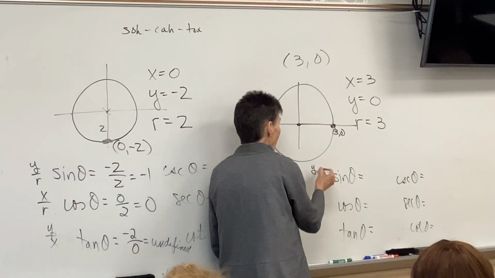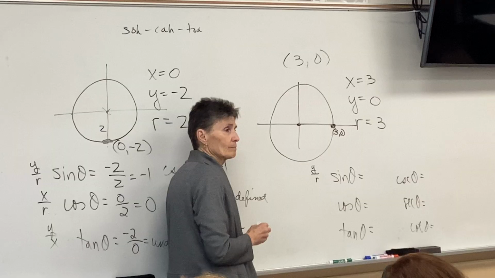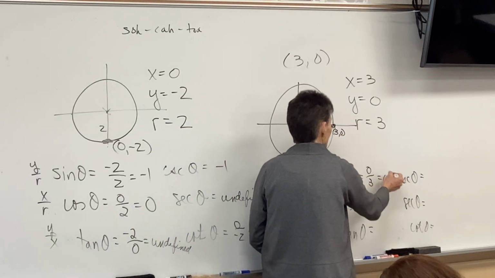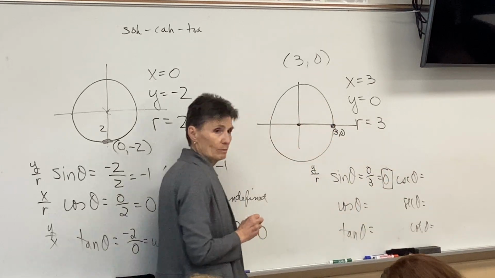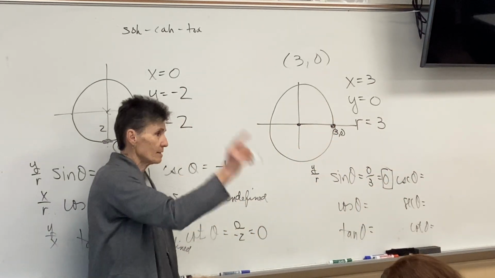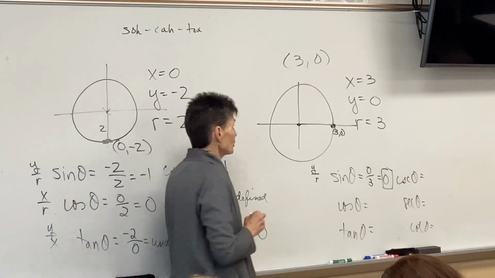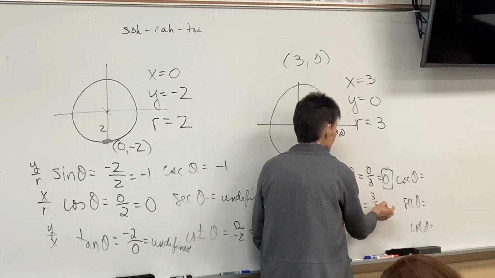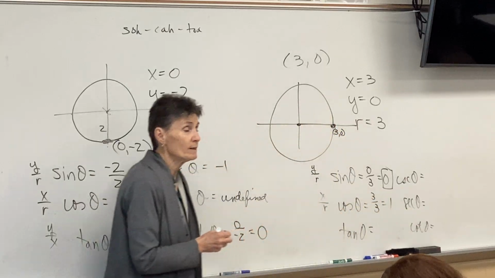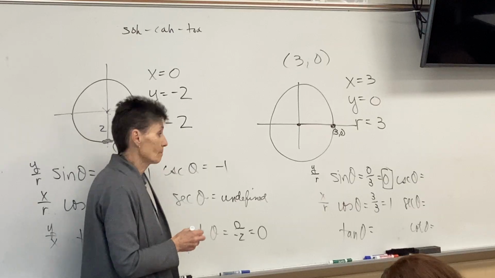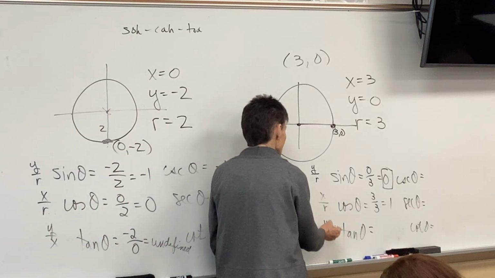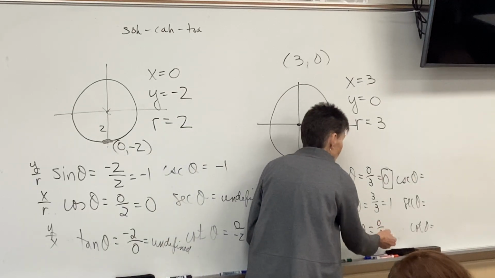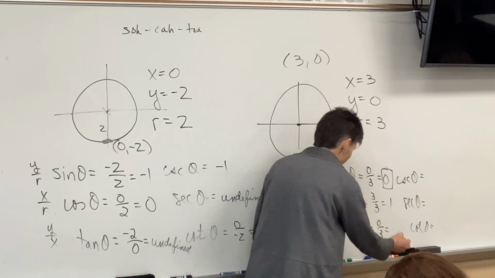Sine is y over r. So sine will be 0/3, which is 0. 0 on top is 0. Cosine is x over r, which is 3/3, or 1. Tangent is y over x, which is 0/3, which is 0.